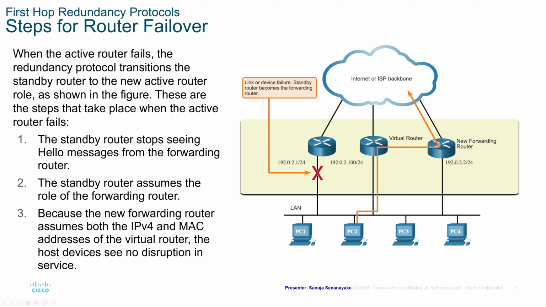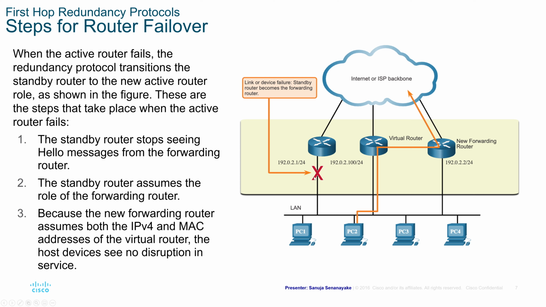Because the new forwarding router assumes both the IPv4 and MAC address of the virtual router, the host devices see no disruption in service. So remember, this entire section containing these three routers is combined into one virtual interface and one virtual router, right?